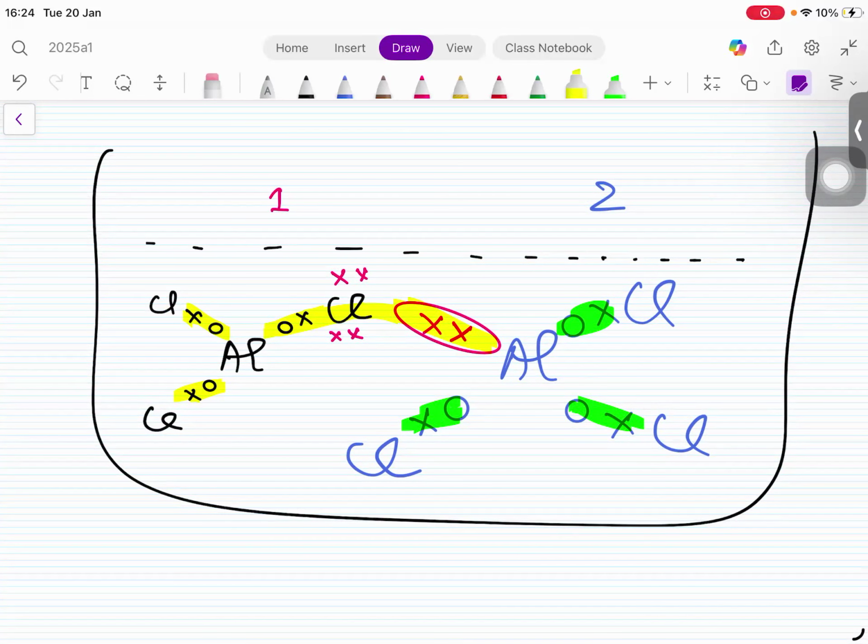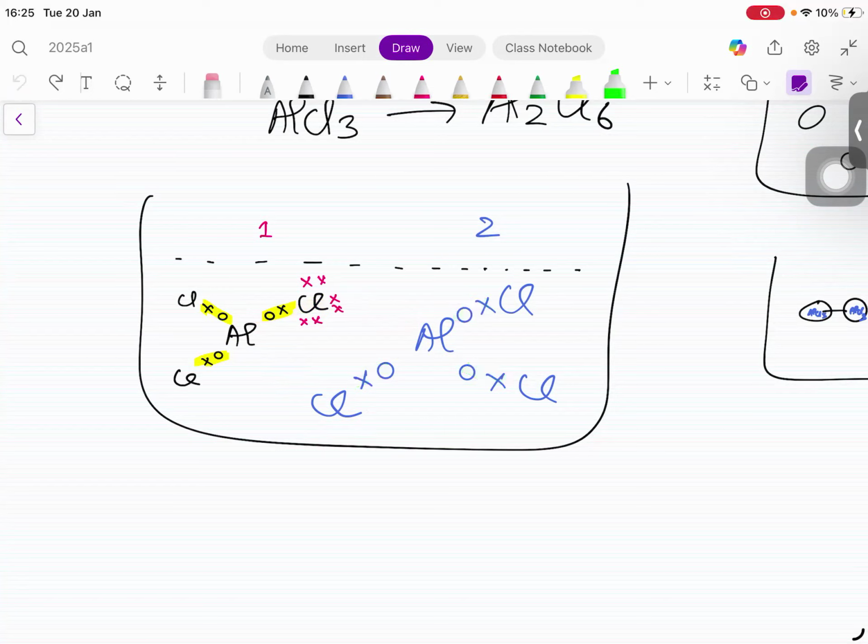So again, look, what I said, let's see. We are going back. Here. This is the status. Now, AlCl3 number 1, AlCl3 number 2. You recognize that? In the number 2 molecule, how many electrons does aluminum have? 6. How many does it need more?